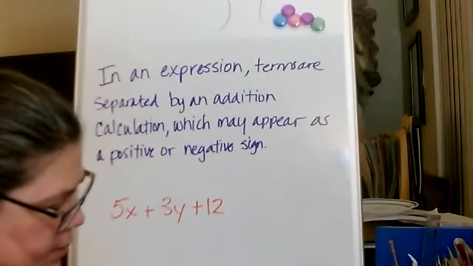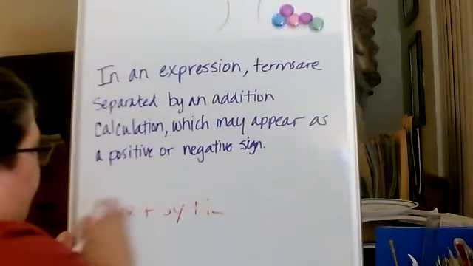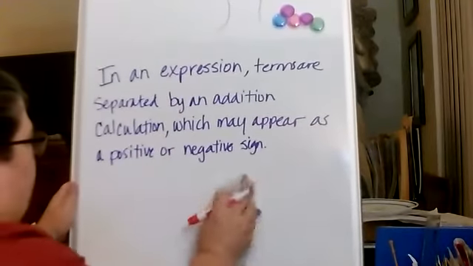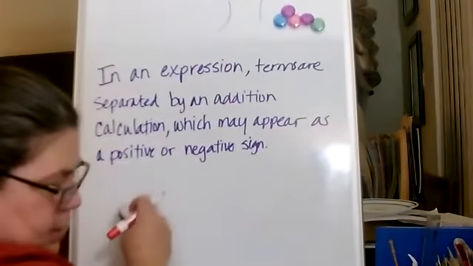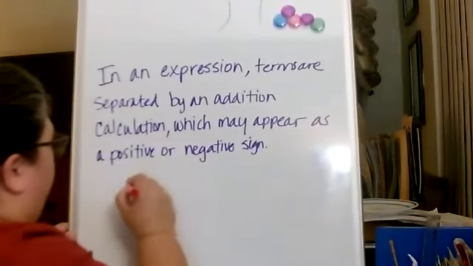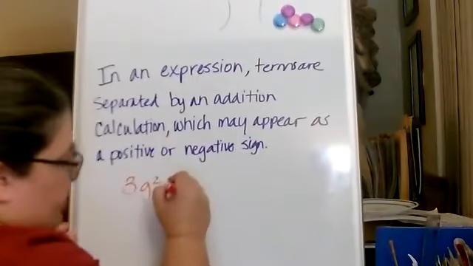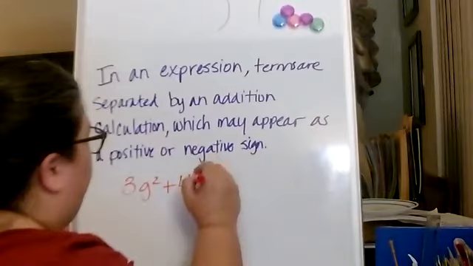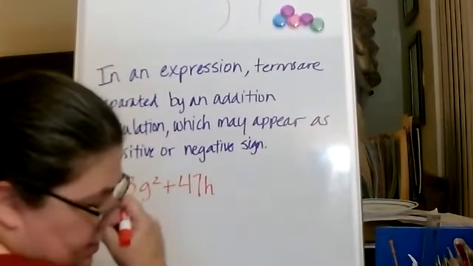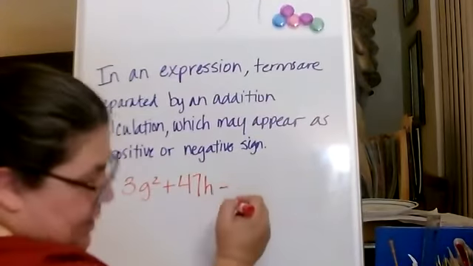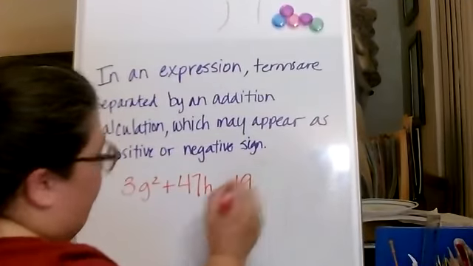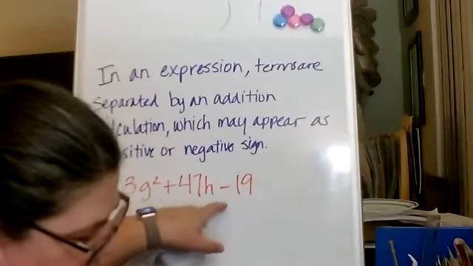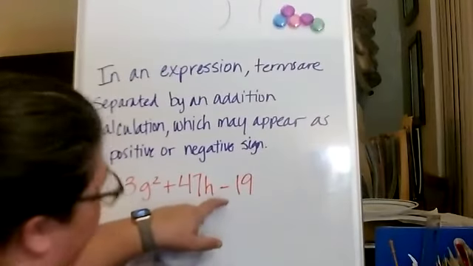Yeah, that's just showing you the different terms. And then we have 3g squared plus 47h. And then it says here minus 19, but then it makes the note to say that although this may look like a subtraction symbol, you're actually adding a negative number.